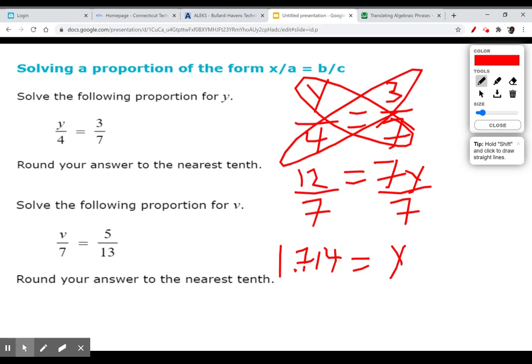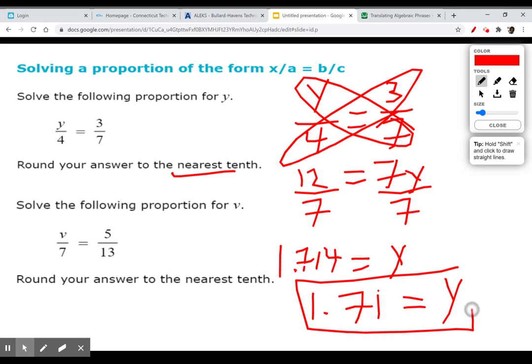But alas, it says round my answer to the nearest tenth. So our final answer here is 1.71, rounded to the nearest tenth. Final answer. I'm going to do one more example, and then you're going to try some on your own to close out this review.